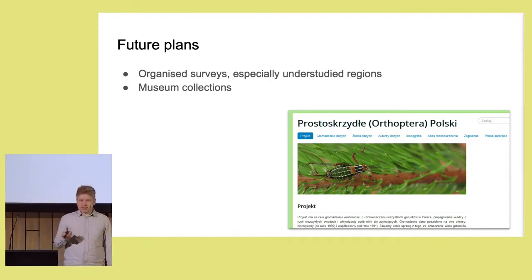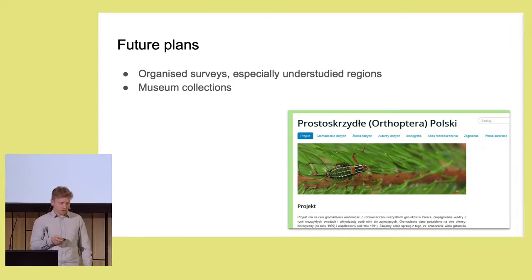As future plans, for now we have only records from papers and records randomly collected from random observations that entomologists made. So no organized surveys. We would like to start with some organized surveys, especially in the understudied regions, to get a better picture of Orthoptera distribution in Poland.